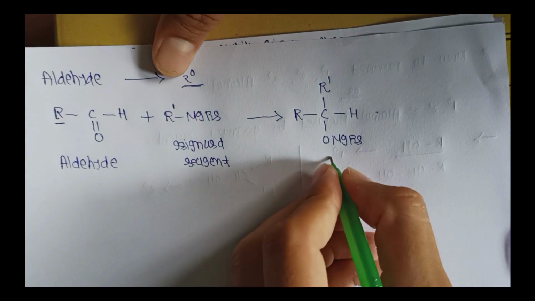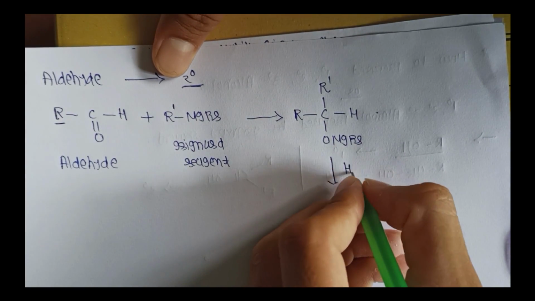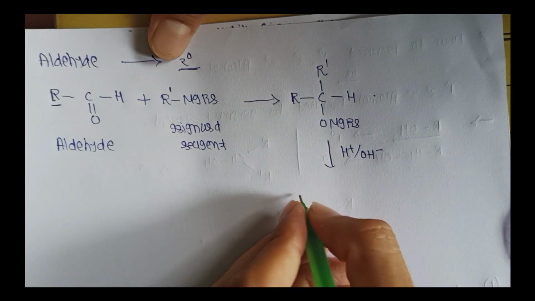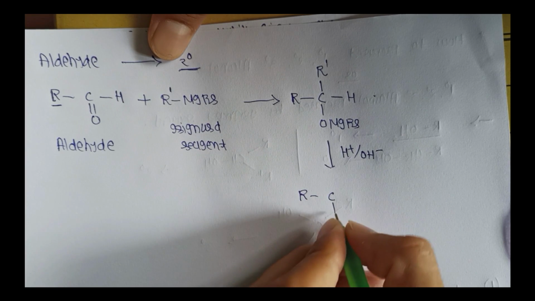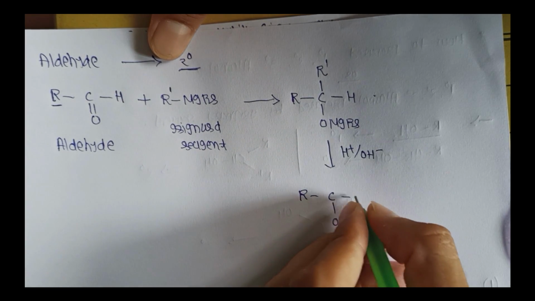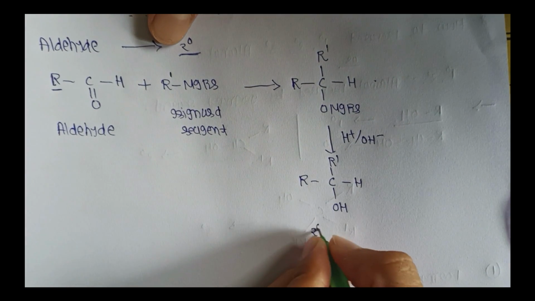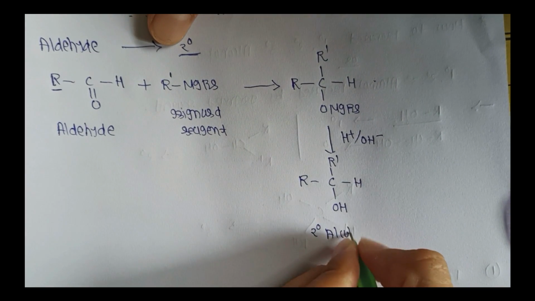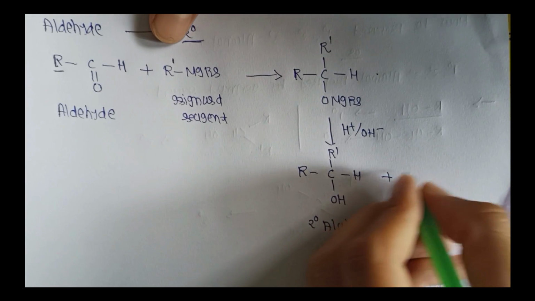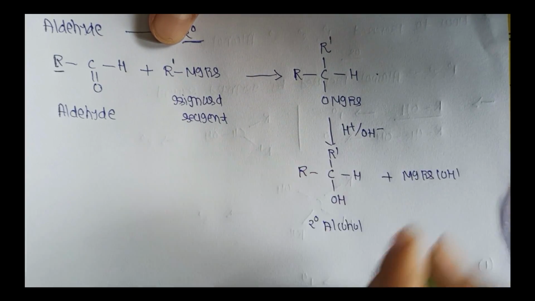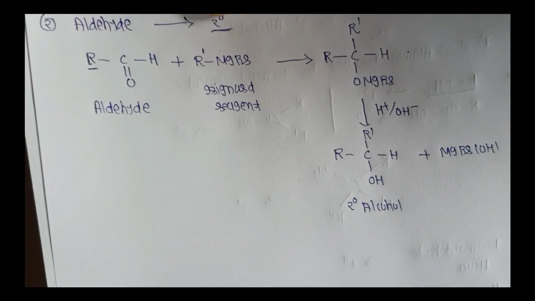And further, in presence of H plus and OH minus, same reaction: R, C, OH, H and R'. This is secondary alcohol and the byproduct is MgBrOH.